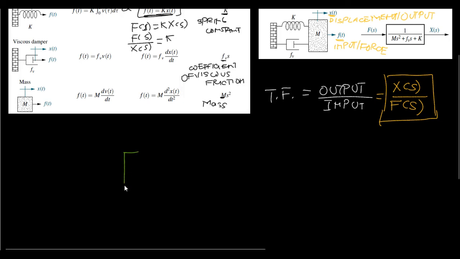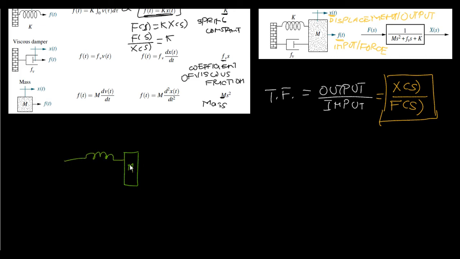So, drawing tayo dito ng body, M, and spring, and merong damper, and of course, yung opposite force, F of t, and yung output natin, which is yung paggalaw niya, yung displacement.